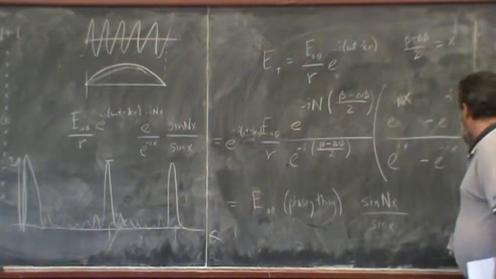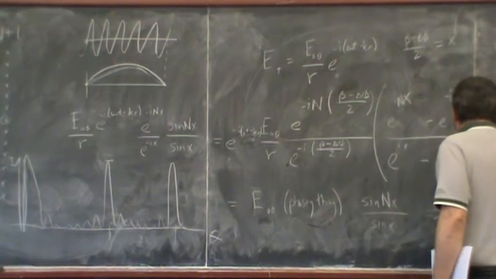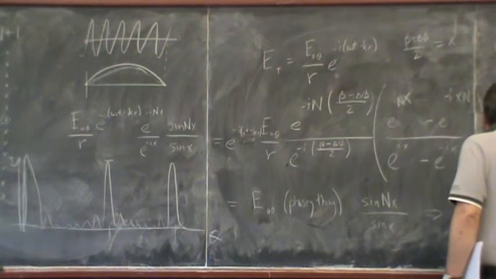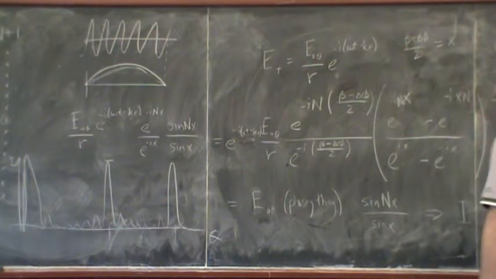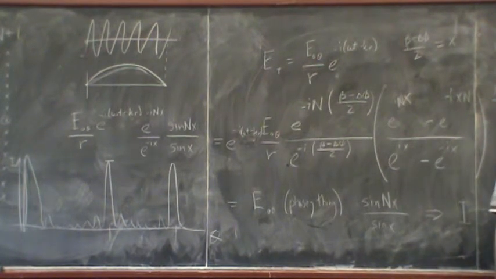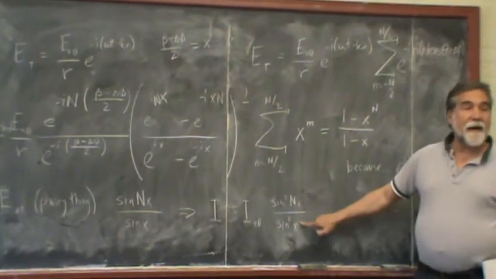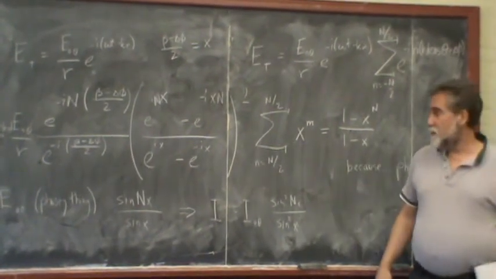So this leads to an intensity, which is I0, which could depend upon theta, sine squared nx over sine squared x. That's the intensity pattern for a whole bunch of oscillators.